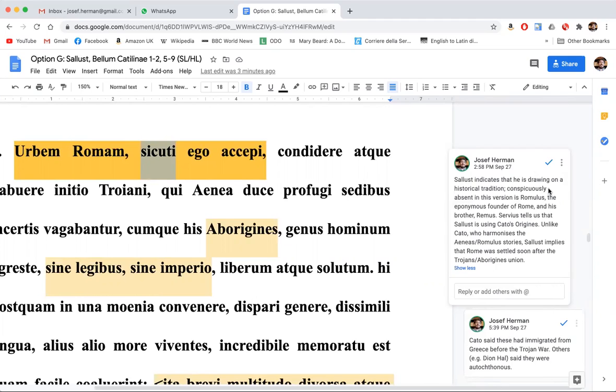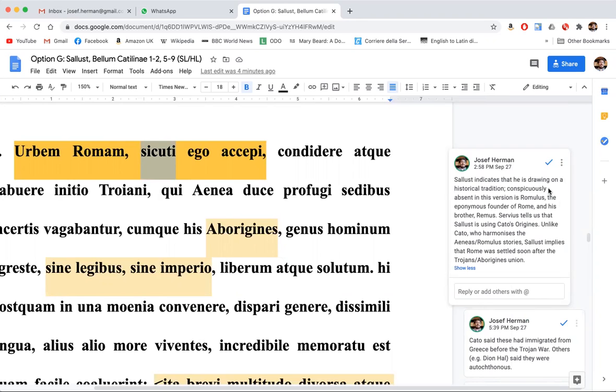And it's interesting that there's an ancient commentator who writes about Sallust called Servius. And Servius tells us that Sallust is using an earlier historical work called the Origines, the Origins, by Cato the Elder.